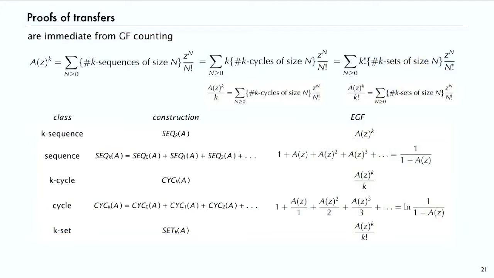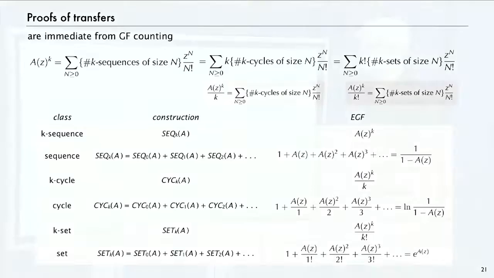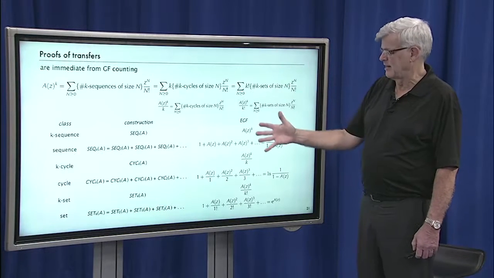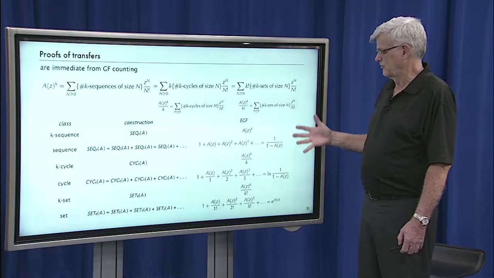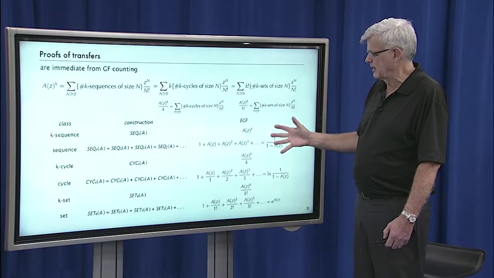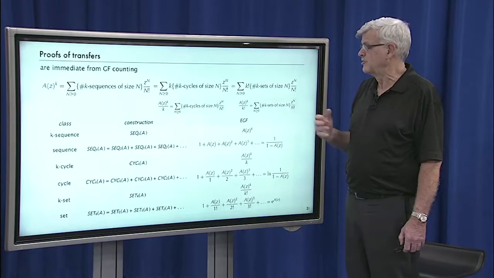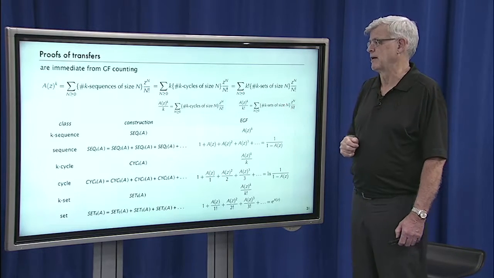And again, summing those for all possible k gives e to the A of z for a set of items from A. So those are simple proofs actually, but we will need to consider them again because the transfer theorems are so easy and so direct.